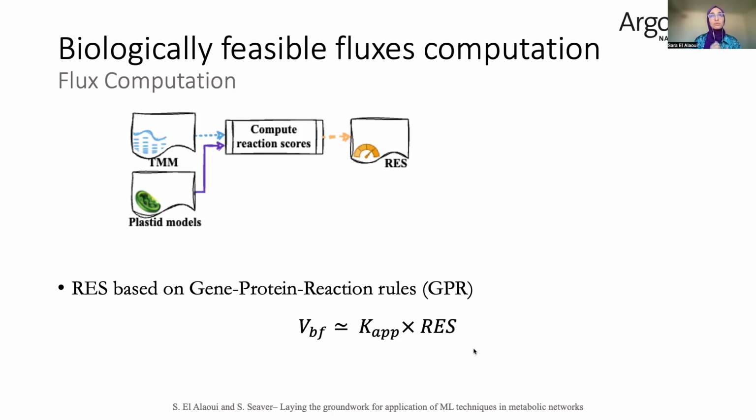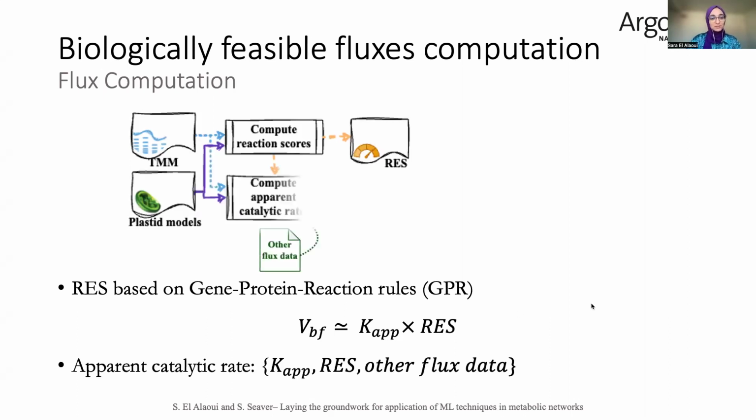And what we mean by biologically feasible flux is really, if I have enough abundance of a certain protein, then what is the maximal flux that can feasibly go through that reaction. So we compute the apparent catalytic rate first using some other flux data.